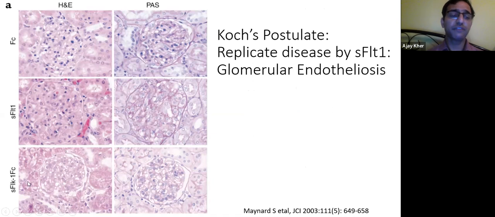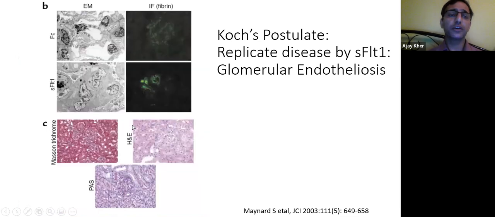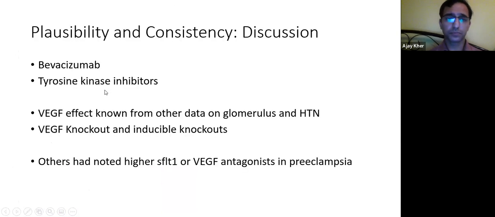And with SflK1, you don't get it, which is the bottom panel, and the normal kidney biopsy of a rat is on the top panel. And then they show it in electron microscopy as well, which is the second panel, and the normal Fc EM of a rat is on the top panel. And you see this significant glomerular endotheliosis on electron microscopy as well.